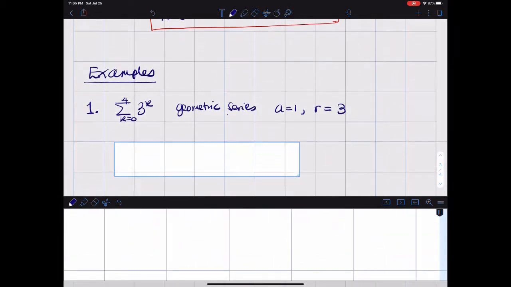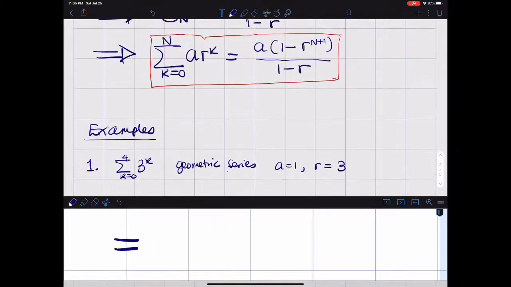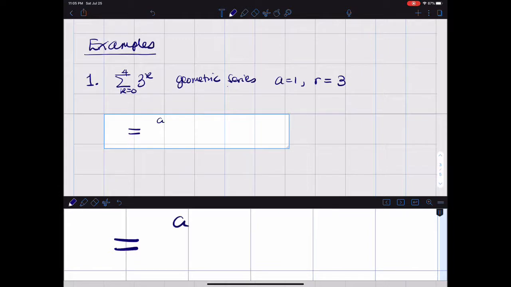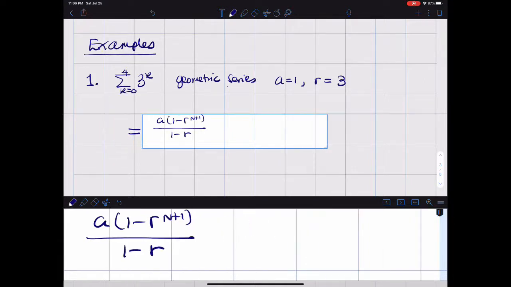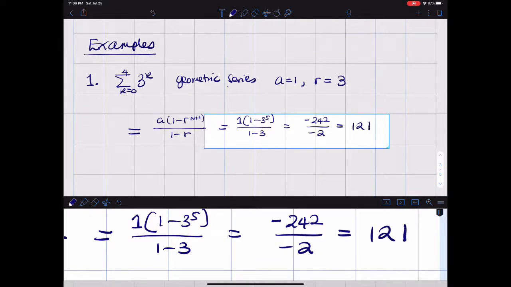We have a formula for a geometric series, so we're going to use a times 1 minus r to the power of n plus 1 over 1 minus r. This is going to be 1 times 1 minus 3 to the 5th over 1 minus 3. And when I did it, I got negative 242 over negative 2. So this is 121. That's what I got.